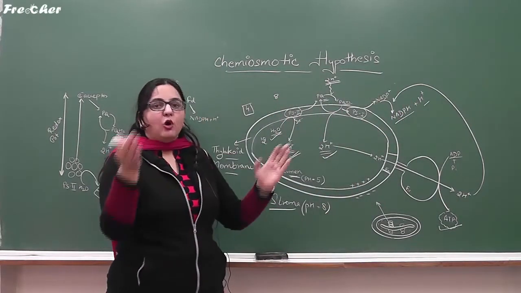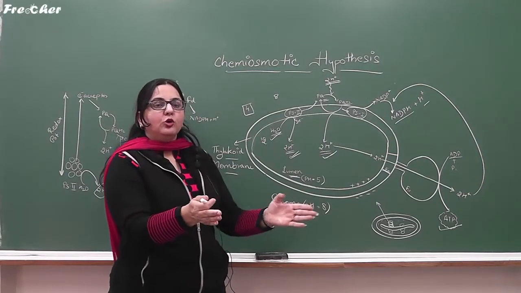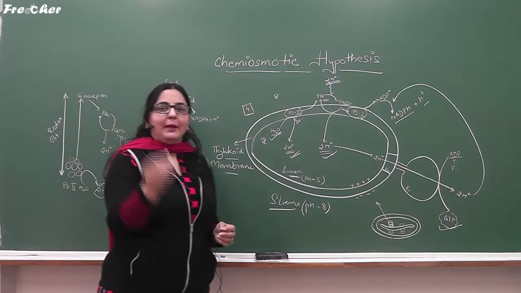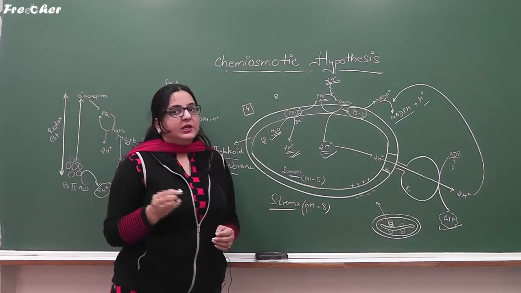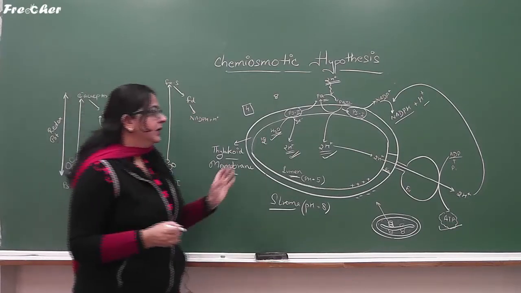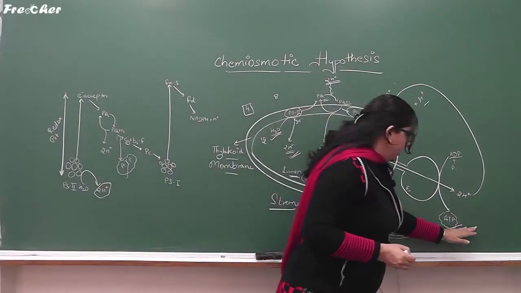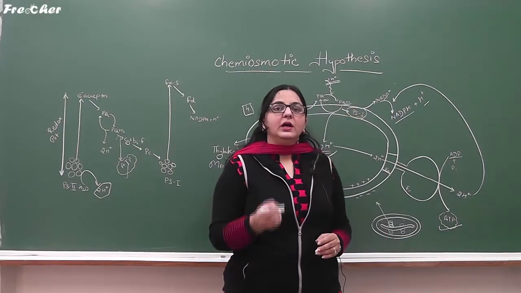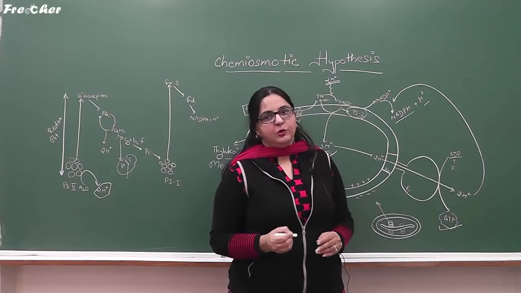The difference of protons, that we call the electrochemical proton gradient, generates. Due to this formation of the gradient, the formation of ATP occurs, and this is all about the chemiosmotic hypothesis.